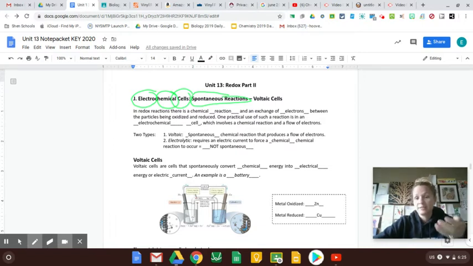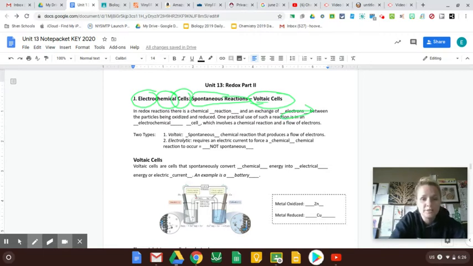You want your battery to just spontaneously give off electricity without needing to plug it in. And we do call these cells voltaic. You might hear the word volt in there because they do provide volts of electrical current. So again, we use a redox reaction. Electrons are exchanged from what's oxidized to what's reduced.